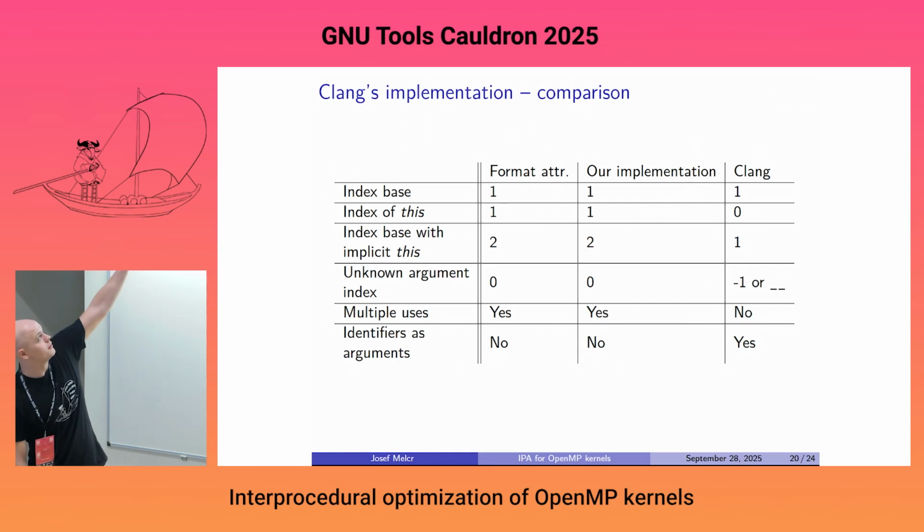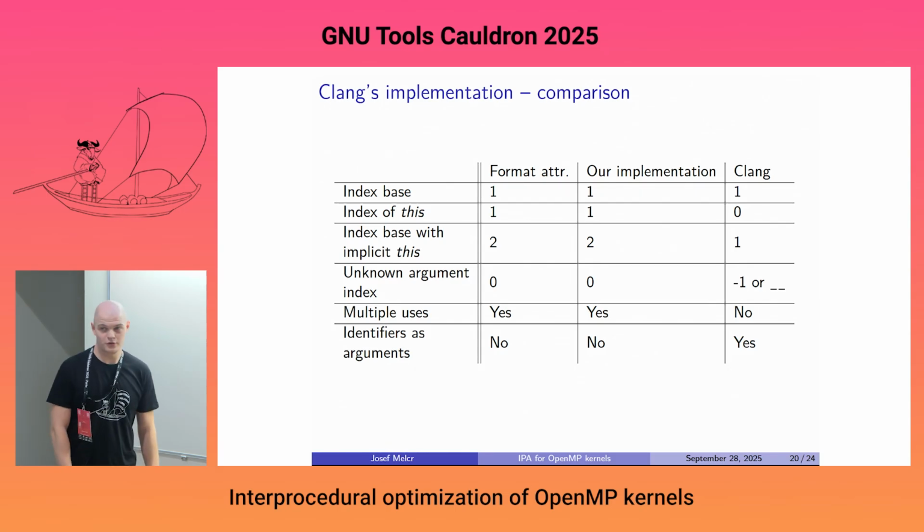I use the format attribute as sort of a reference, because that's where GCC and Clang actually come together and implement the same thing. I use it as sort of a standard. So instead of 0, Clang uses -1, and instead of 1 for this pointer, Clang uses 0, which introduces a lot of problems.